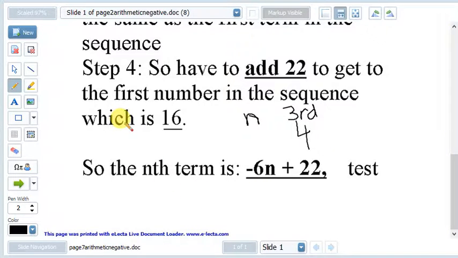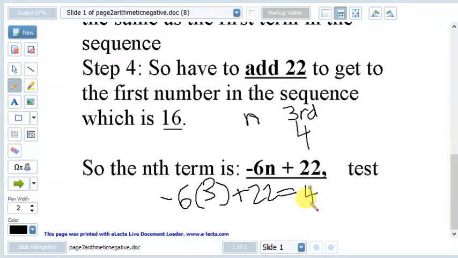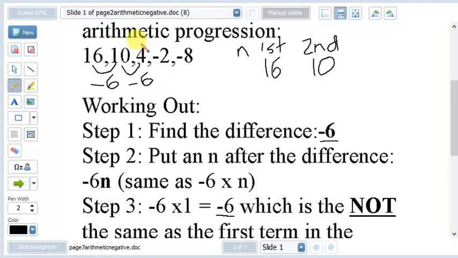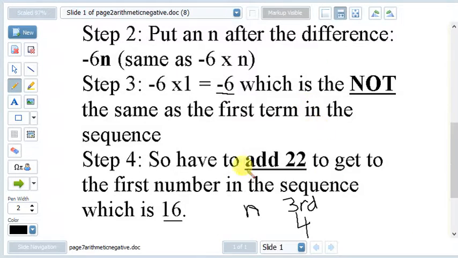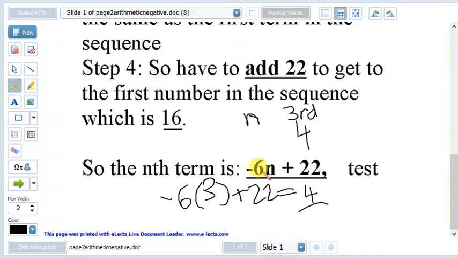So it will be -6 times 3 plus 22. So -6 times 3 is -18. -18 add 22 is 4. So that gives us our third term in the sequence. So therefore the nth term is -6n add 22.